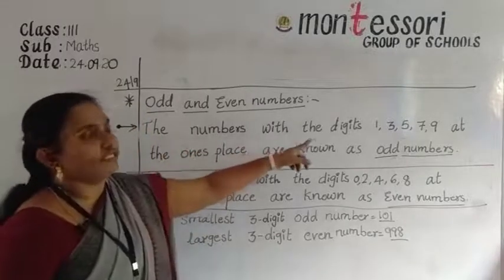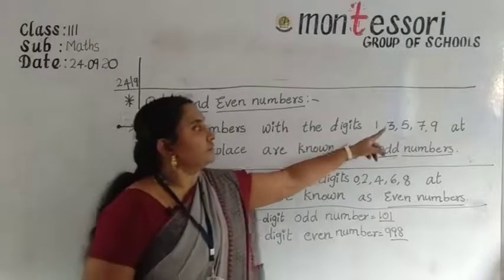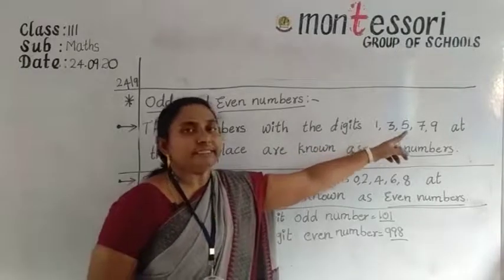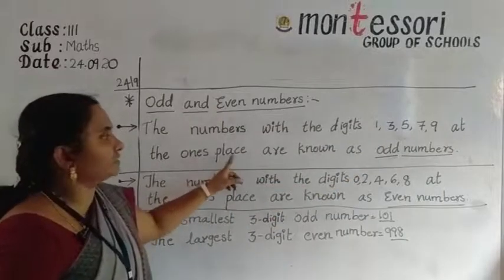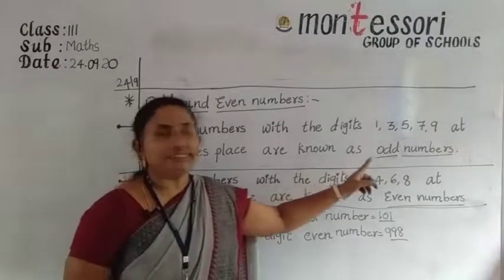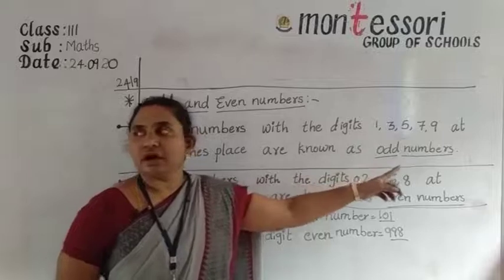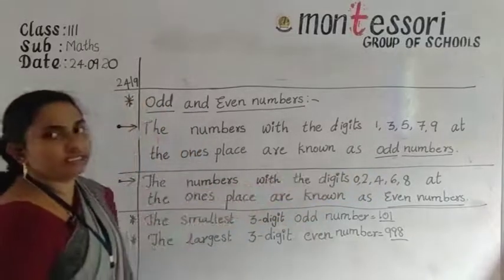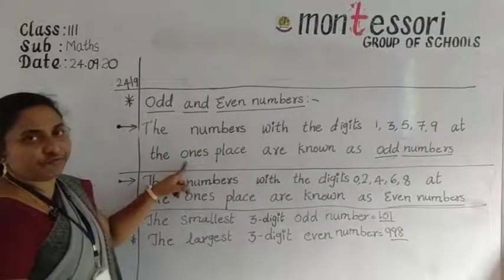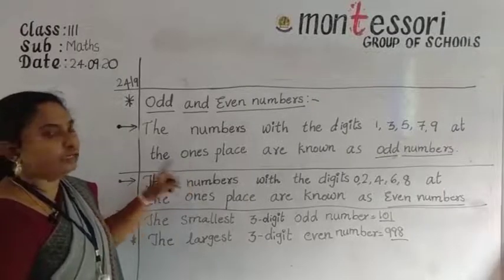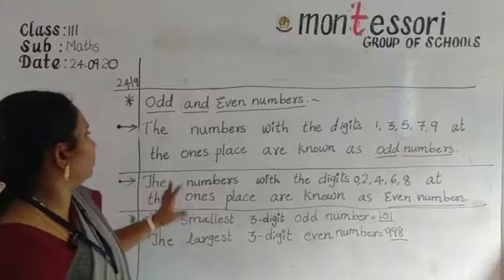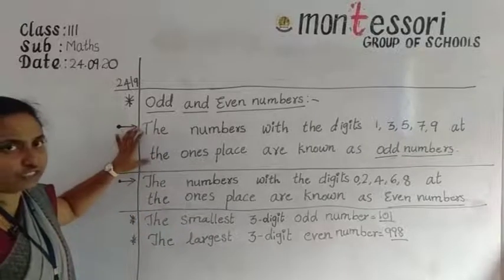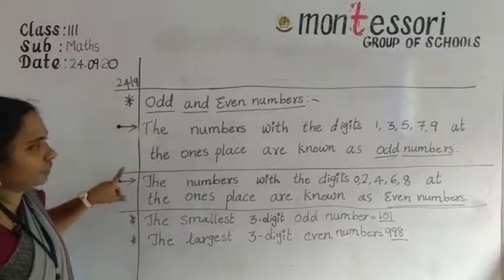Now finish the definition, and then you can draw the line. The odd numbers definition is over.